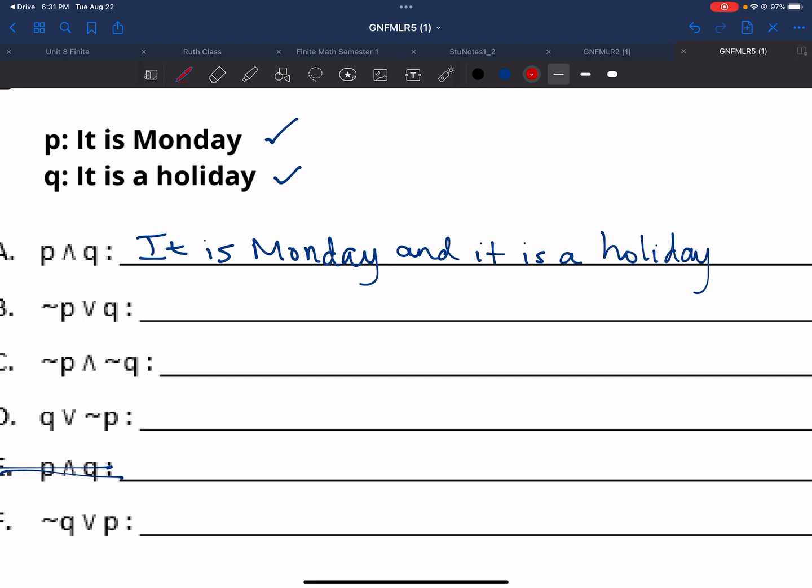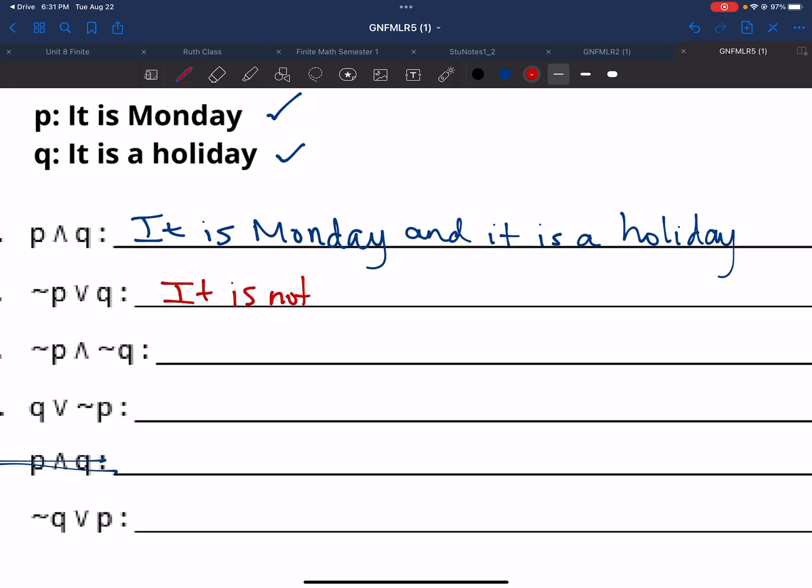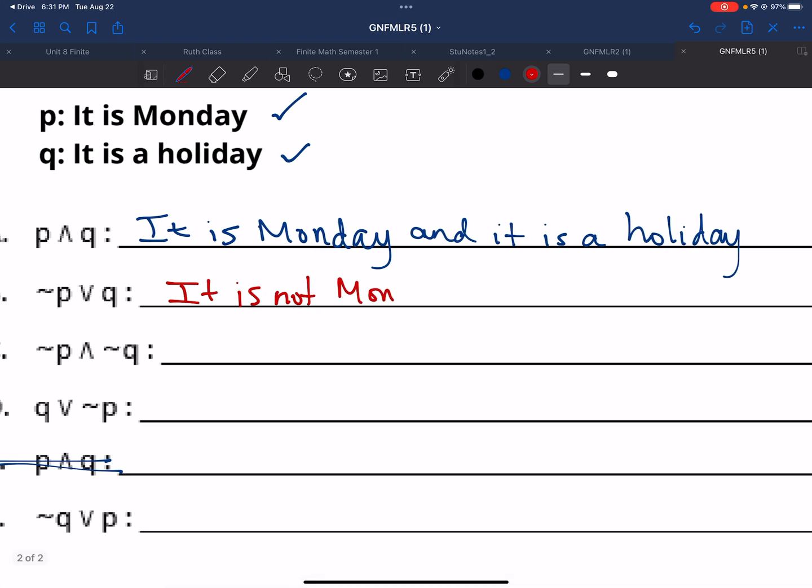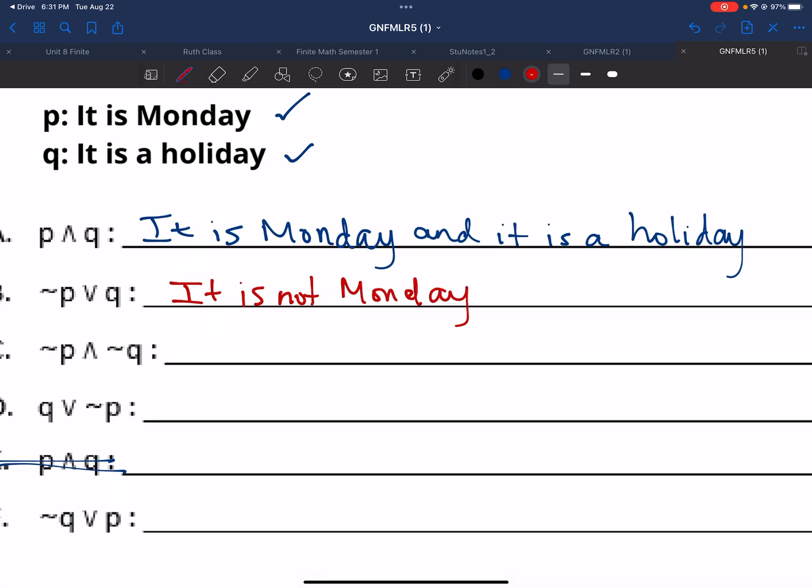Okay, now you've had a chance to do this on your own. I see a negation, an or, and then a regular Q. So it is not Monday, or it is a holiday.